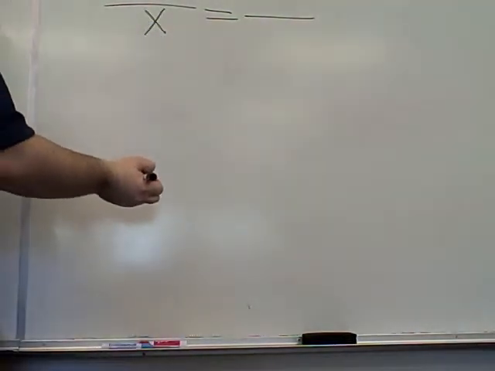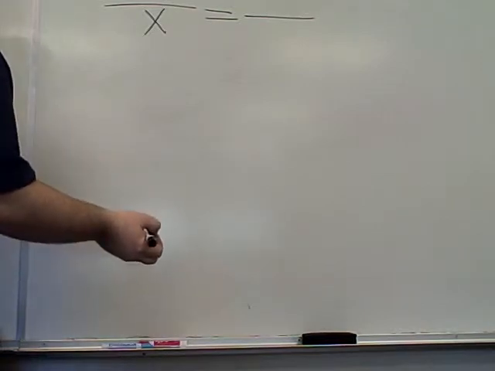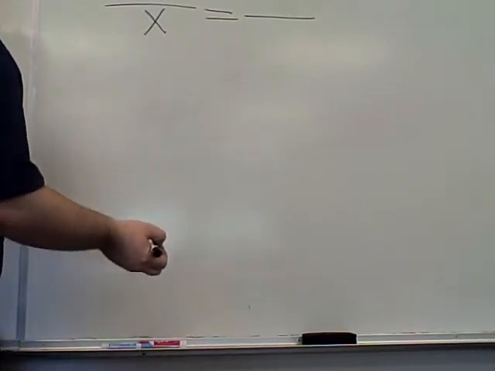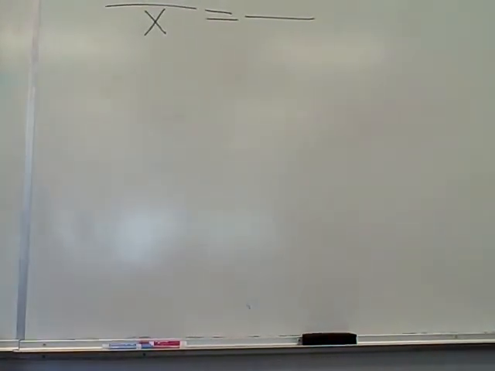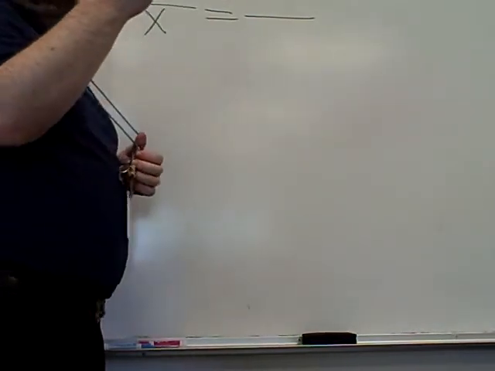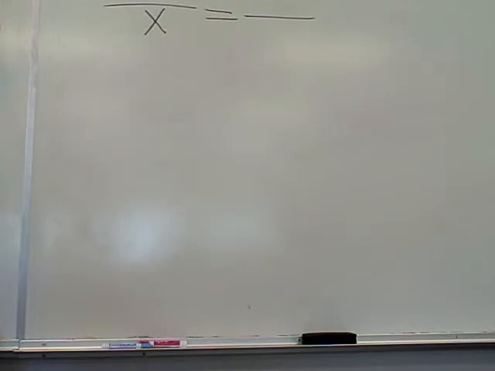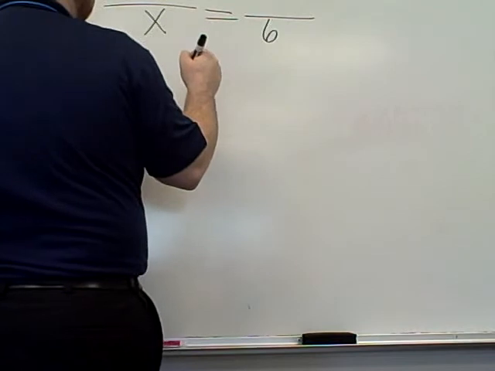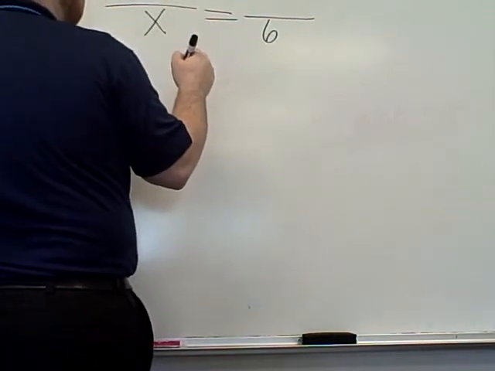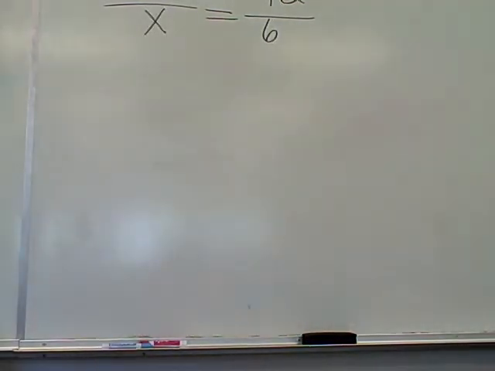This goes in your notebook. Over 64. 8 over x equals 12 over 6.